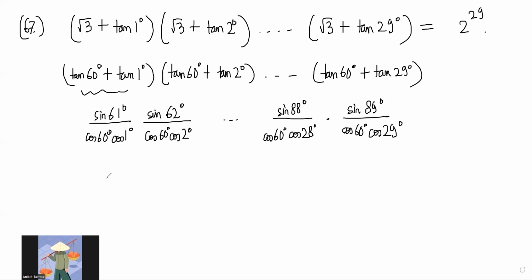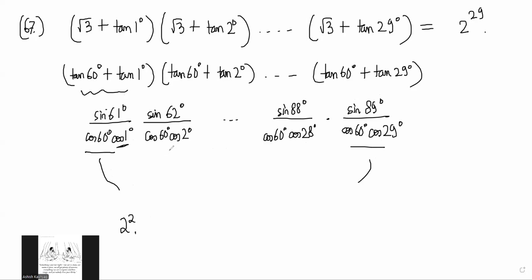We will get 2 square. Cos 60 will become 2 square, and cos 29 will cancel, cos 1 will cancel sin 89. And same for second last and second also.